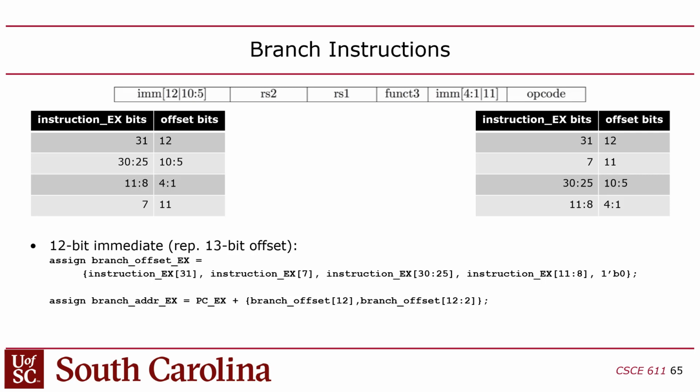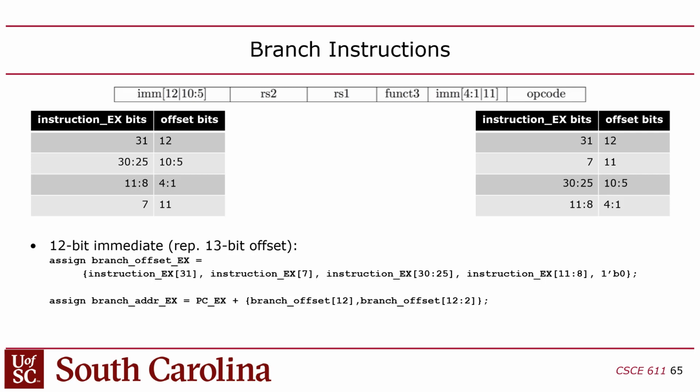So there's a line of Verilog code I give you called assign branch offset EX, which essentially just grabs those bits and does bit twiddling to figure out what the full 13-bit byte addressed immediate would be, right? And I say byte addressed because I'm including that extra 0. However, when you then use this for your program counter, notice that I take this branch offset EX.